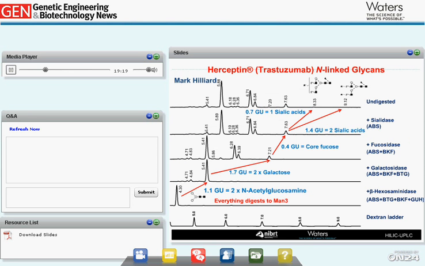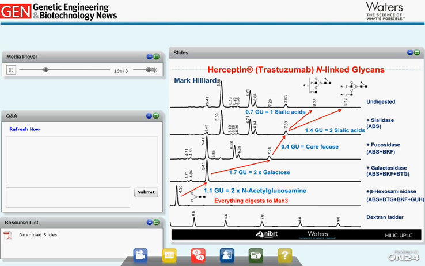And you can then do the same with the fucosidase, with the galactosidase, and finally with the hexosaminidase. And you can see his arrows are going the other way, and that's because sometimes when you're interpreting it, it's actually easier to go from the bottom to the top. But if you study that profile, I think you should be able to follow how this method works.